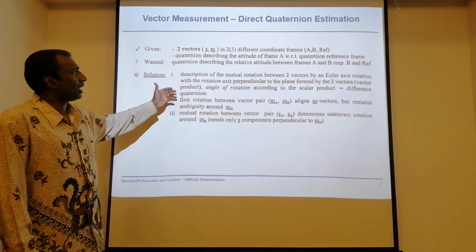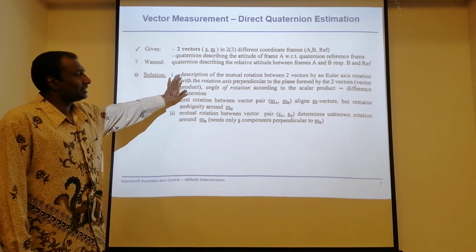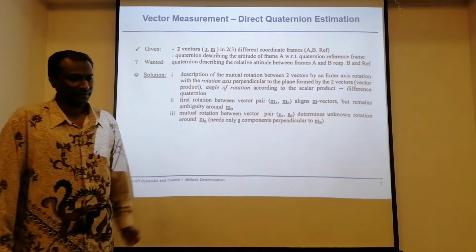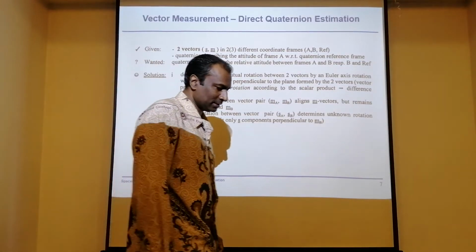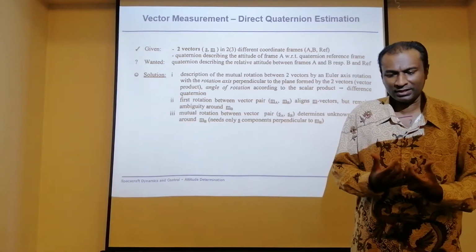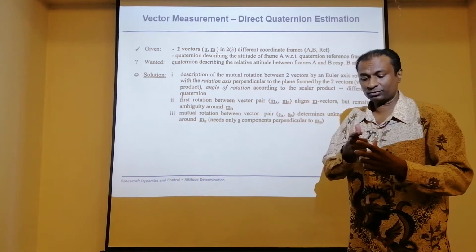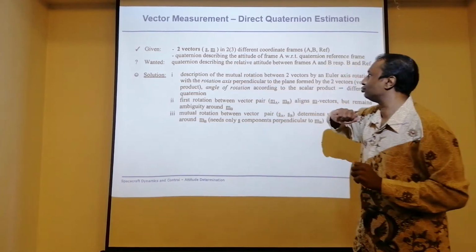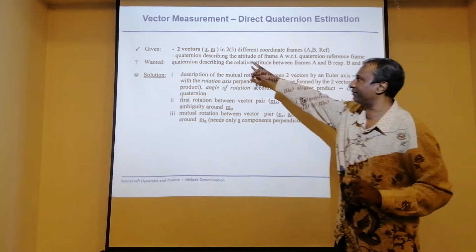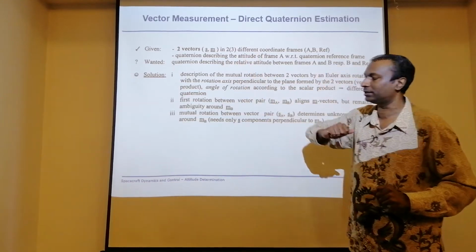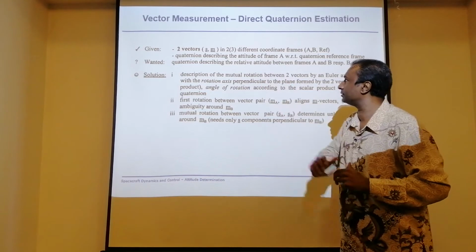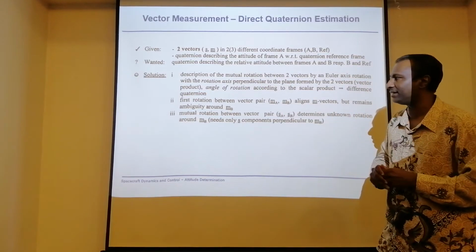How has this actually been done? Same method. Assume that two other measurements are there. So we have two measurements, as you can see. Each of those measurements, let's say, produces a different coordinate system. So you have two or three, depending on the two vectors. Let's say I have two vectors. Practically you are forming a coordinate frame A, B, and the reference.